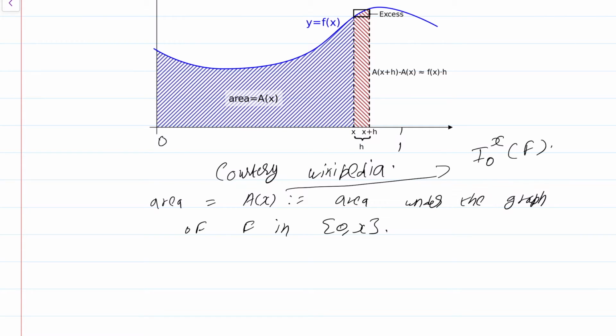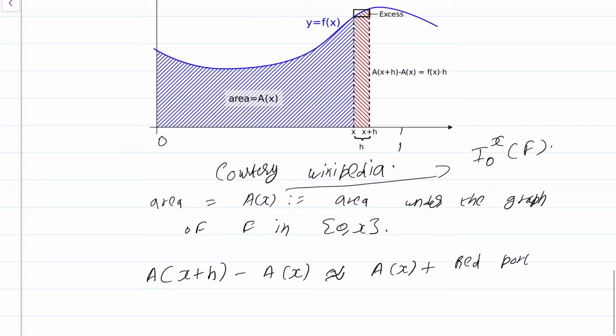Notice that if you want to compute area of x plus h minus area of x, which is what we were interested in, you can take A of x plus h as approximately equal to A of x plus that red portion.